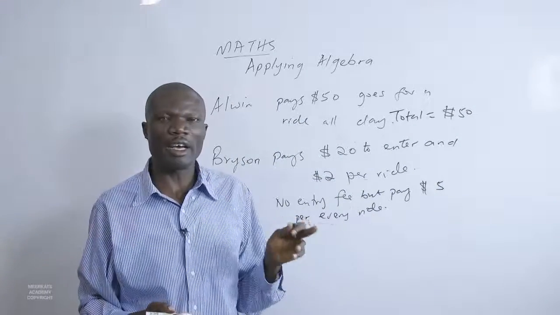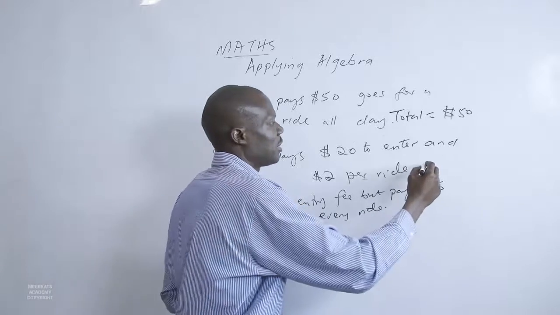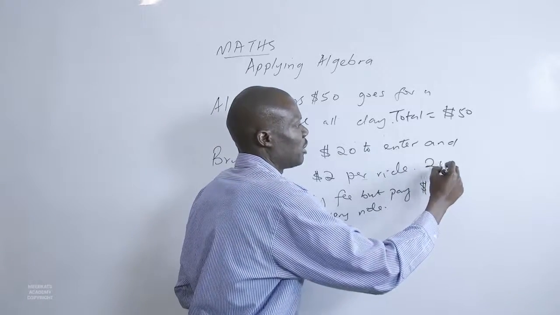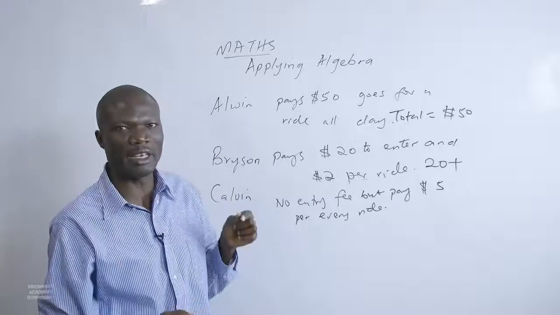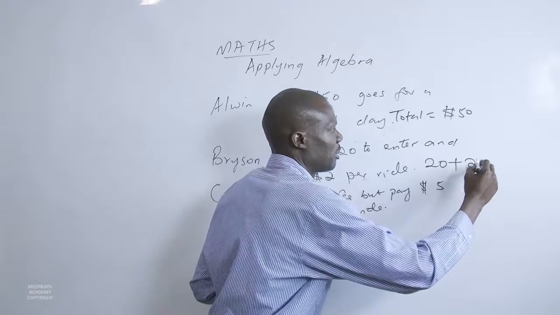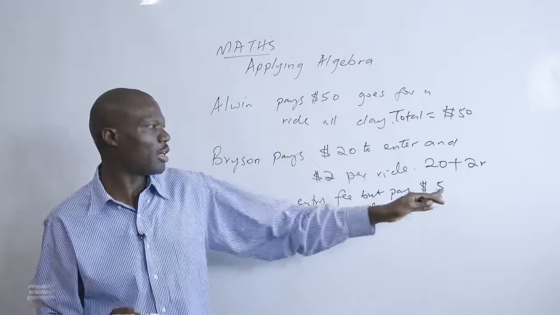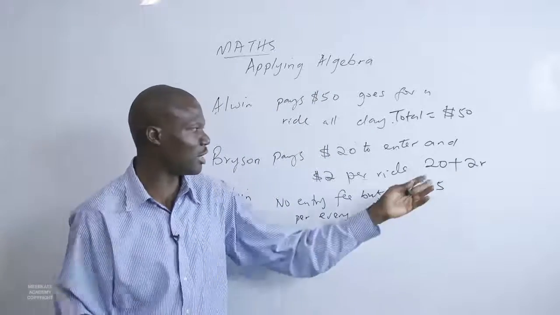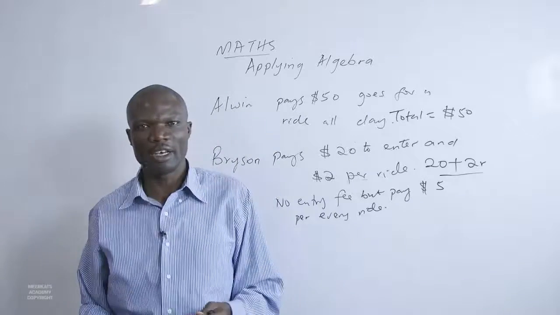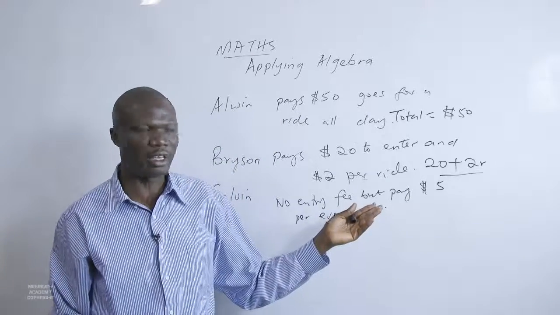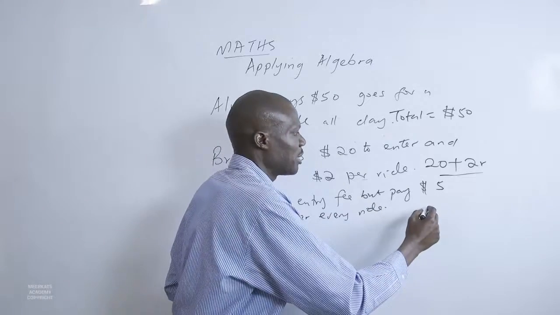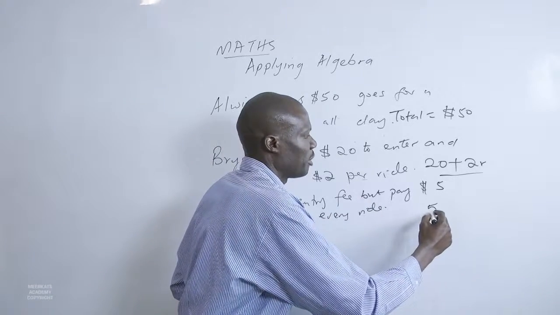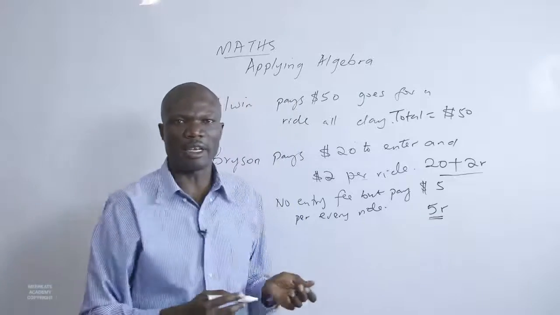For this one, he'll pay a standing entry charge of $20 plus $2 per ride. Let me call it 2R, depending on the number of rides. You see, this is already algebra. And the last one, entry is free but pays $5 per ride.